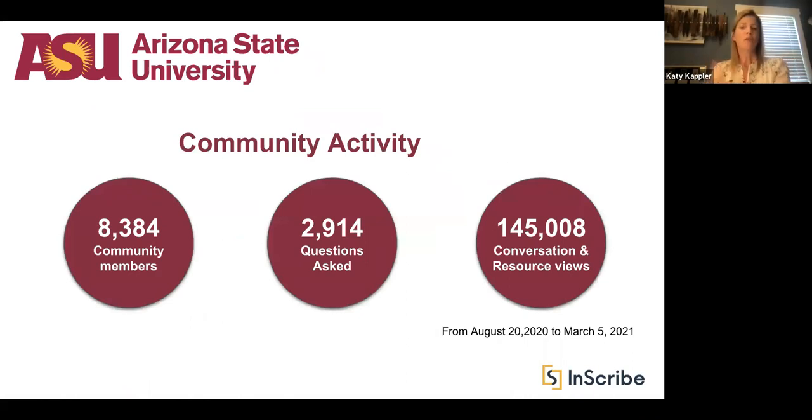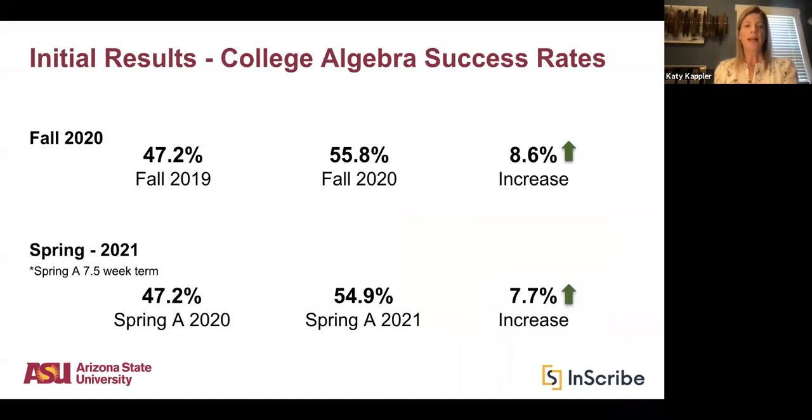And here's just a few notes on activity, but once again, you see a lot of questions getting asked, a huge number of views from students on those questions in the community. So the answers are reaching a big population. But what's even more exciting is the outcomes that they saw for their students. From one semester to the next, about an 8-point increase in the number of students who were successfully completing those courses.